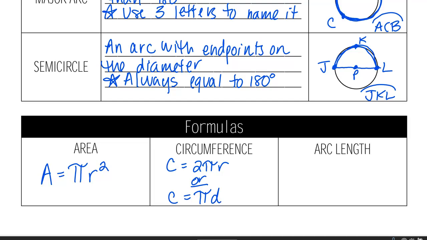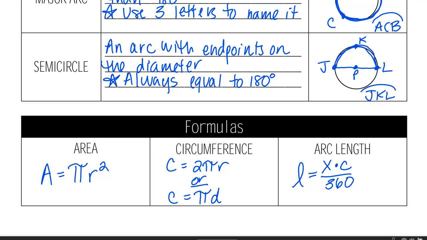And then we have arc length. So we'll be calculating the length of those arcs. Remember, it could be a major arc, a minor arc, or a semicircle. And so we have this L for arc length, and that equals X times C over 360.